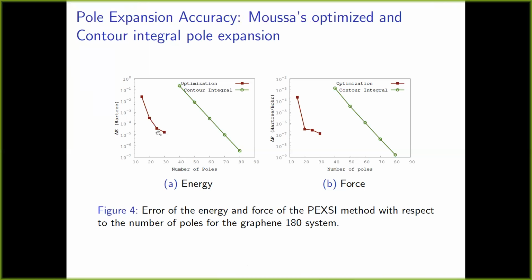But I would like to say that this is going to be enough in real practice, because Moussa's expansion needs fewer poles, using just 20 poles to approximate 60 poles in the contour integral. So we have saved a factor of 3 in Moussa's expansion here.